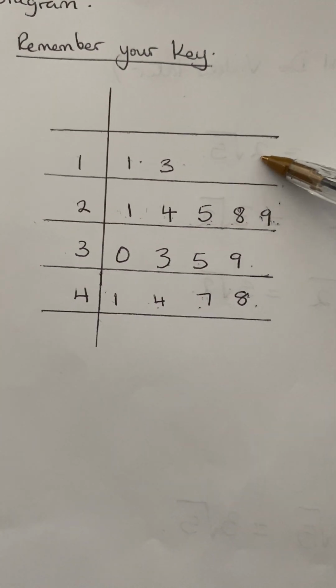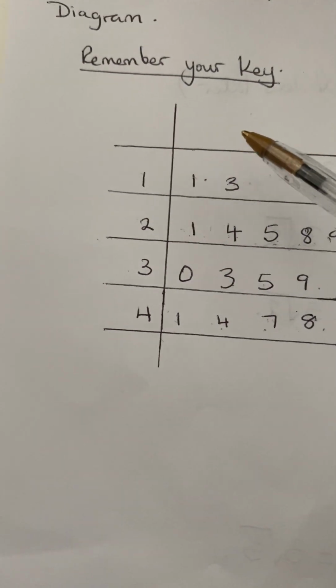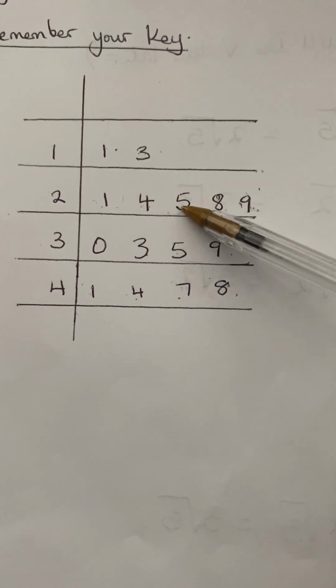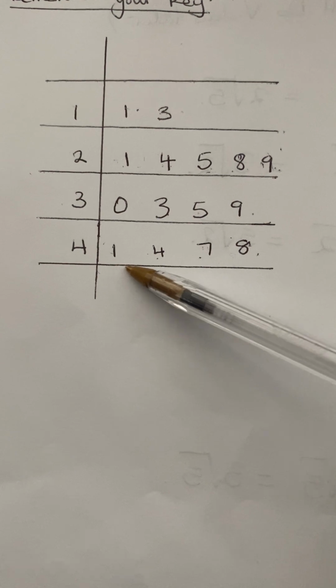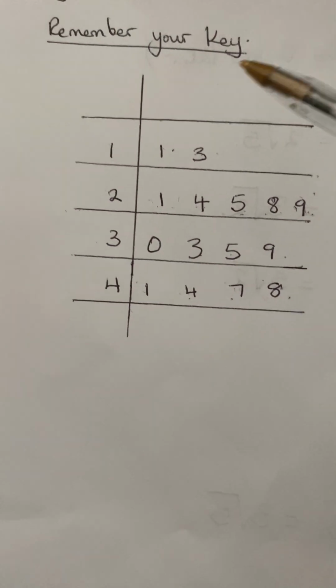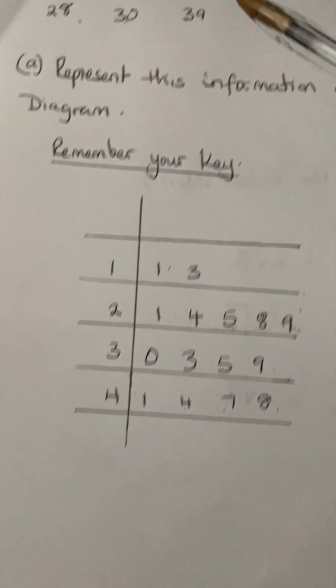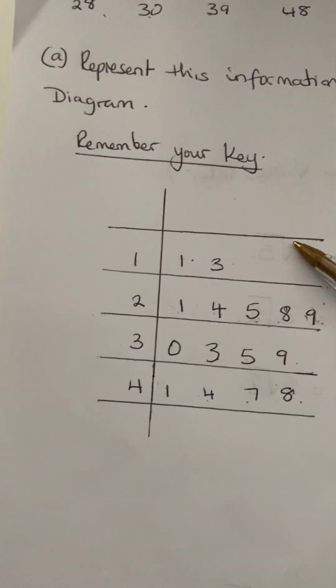Here I did it straight away. I have 15 values: 1, 2, 3, 4, 5, 6, 7, 8, 9, 10, 11, 12, 13, 14, 15. I have 11 being the lowest and 48 being the highest.